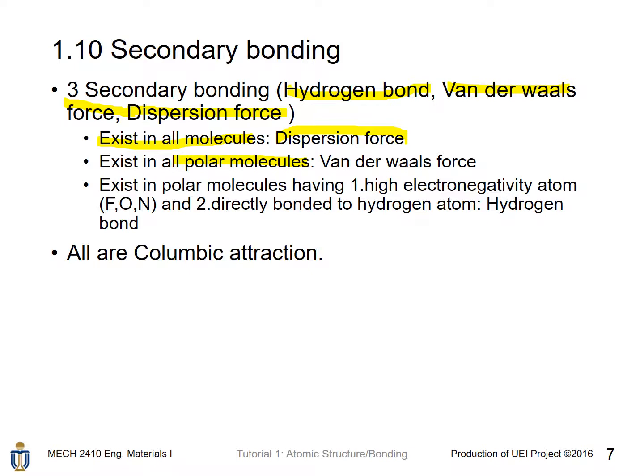For some polar molecules having a highly electronegative atom, usually F, O, and N, where F stands for fluorine, O for oxygen, and N for nitrogen, and there is a direct covalent bond between a hydrogen atom and this F, O, or N atom, then a hydrogen bond can be formed. Their nature is covalent attraction.